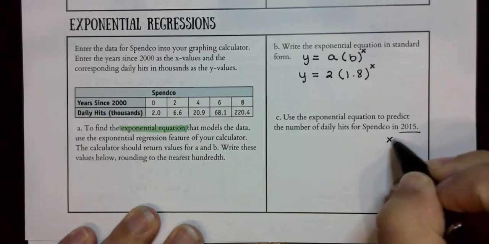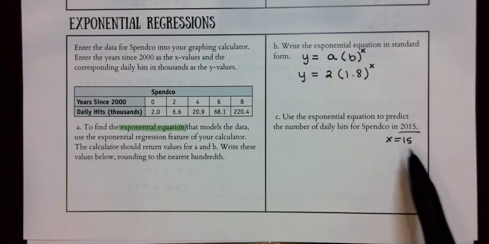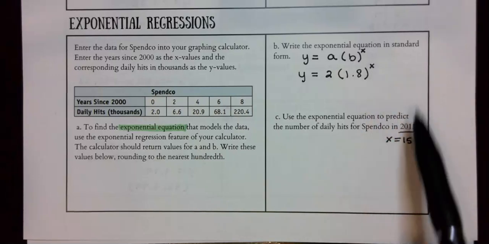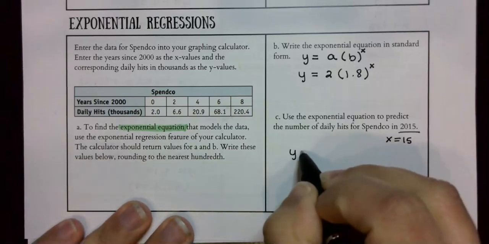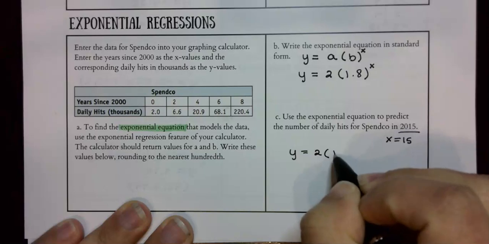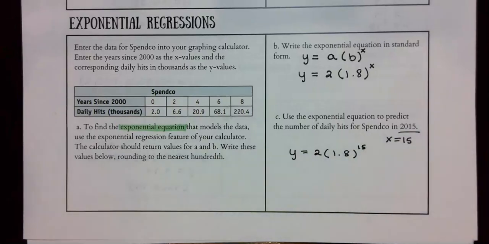So 2015 is 15 years later. For this one, remember that your x is the exponent, so you're going to replace it with 15. So I'm going to go ahead and write it out, and we're going to type it into our calculator, raised to the 15th power. We're not multiplying by 15, we're raising it to the 15th power. So we might get a crazy number, but let's see.